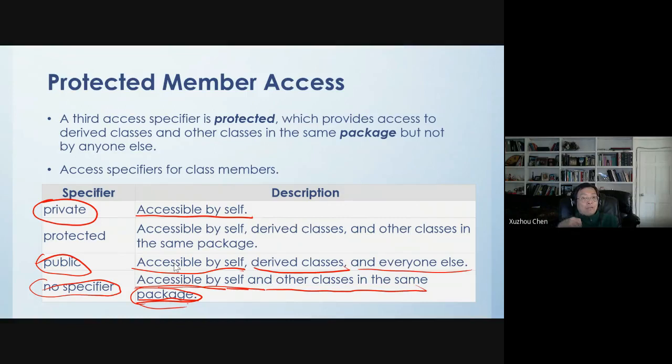So that means if I have two classes which are defined in the same folder, in the same package, even though there's no specifier, I can still call each other, because if there's no specifier, a member is accessible by itself and the other classes in the same package.